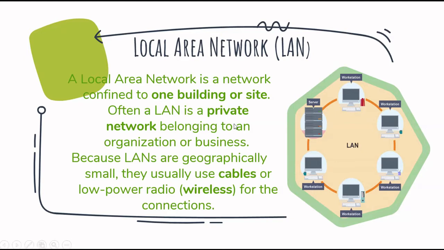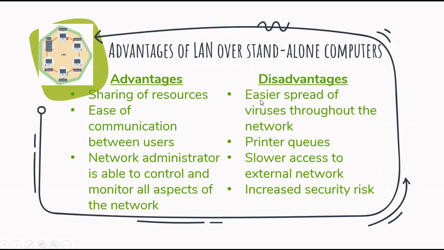It is often a private network which can belong to an organization or a business, and because they are geographically small, they will usually use cables. You can see these yellow cables here, or some low power wireless connections, because you are within one building or one site. So for example, the network we have within the school is the school LAN, local area network. Local because it is inside one building or one site.